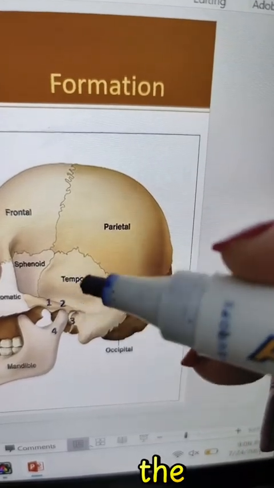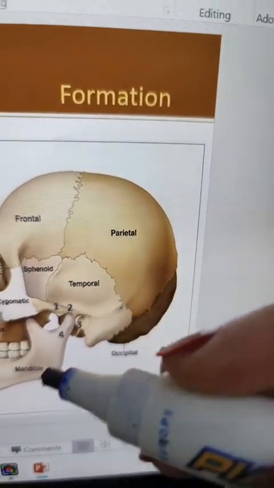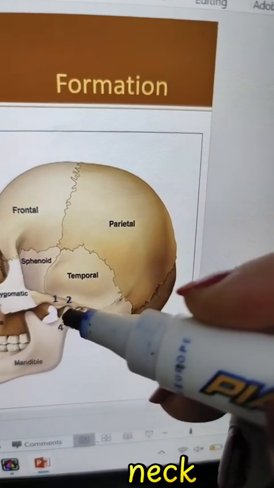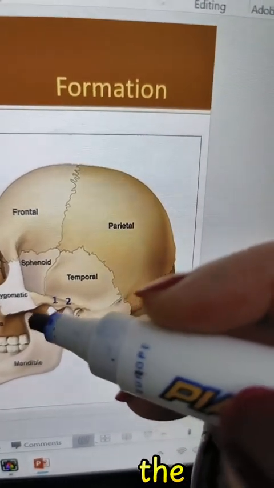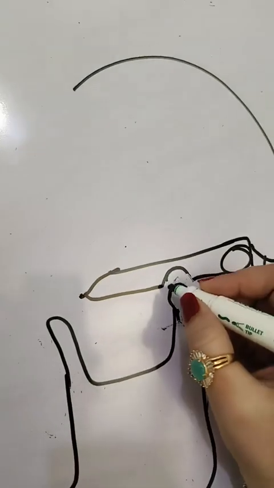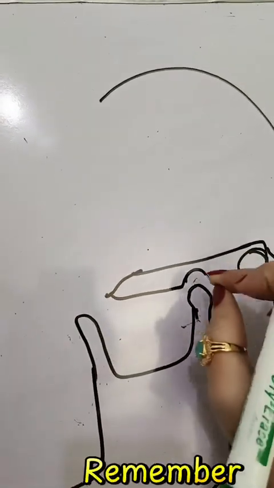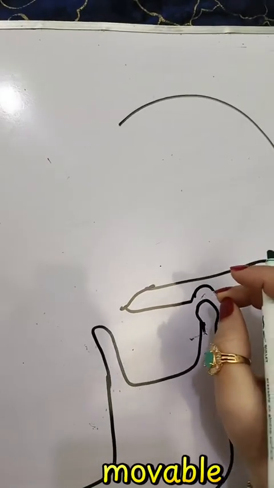So this is the temporal bone, and this is the mandible, and this is the condylar part and head and neck of the mandible. This is the coronoid part of the mandible. It is the only movable joint of the skull. Remember it.